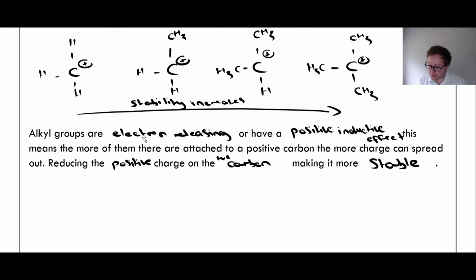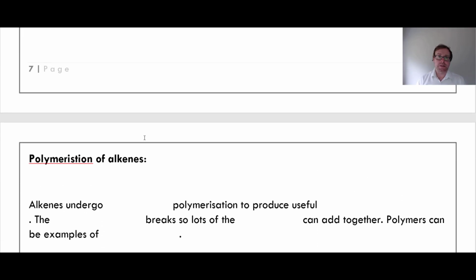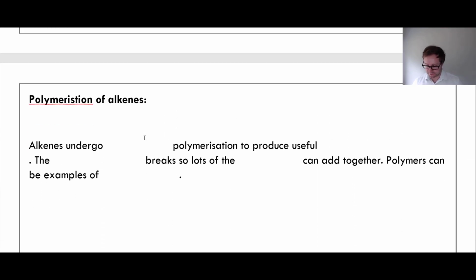Okay, so there'll be a question at the end that you can have a go at doing this, but again, I know this is a lot of information, but I want to get through it, so we'll move on to polymerization of alkenes. Okay, so alkenes undergo addition polymerization to produce useful long chain molecules.